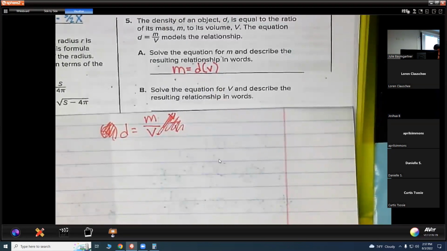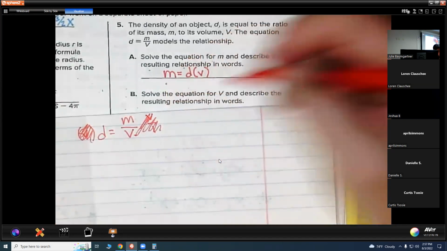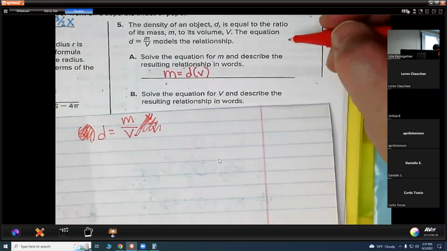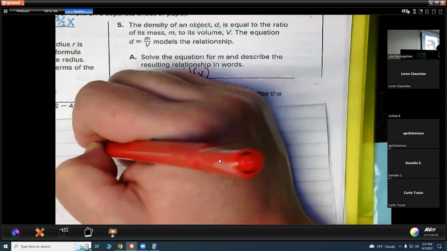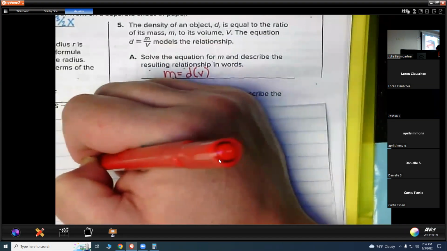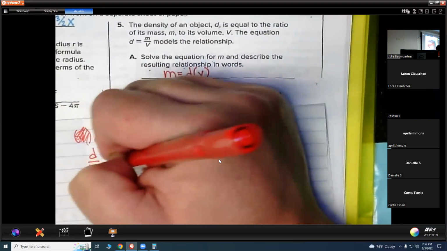I think here's where we might want to use the reciprocal, right? Because if we multiply, no, that'll cancel both. Okay. Then if we divide both sides by M, we have D over M equals 1 over V.